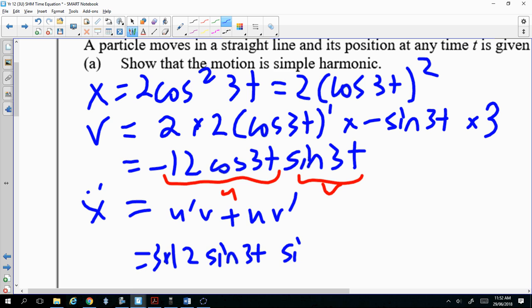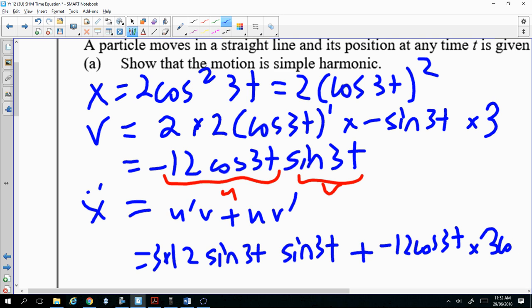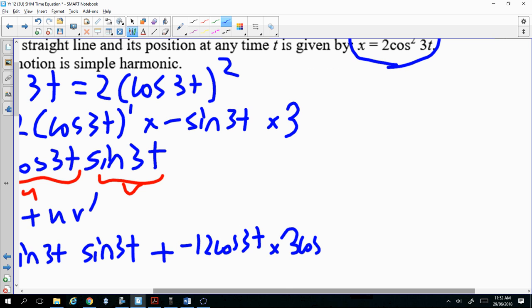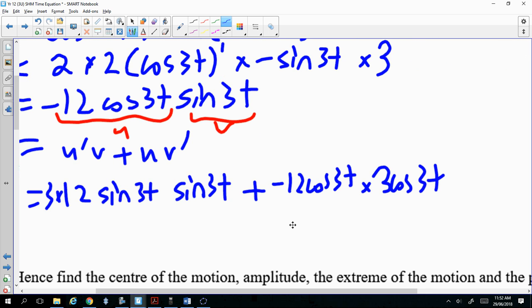Let's simplify this, which is equal to 36 sine square 3t minus 36 cos square 3t.